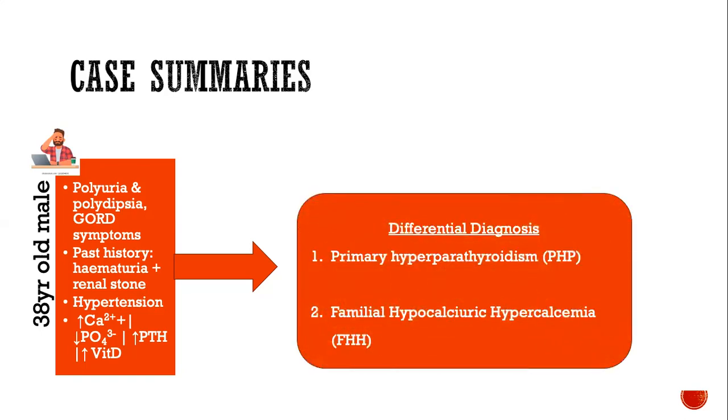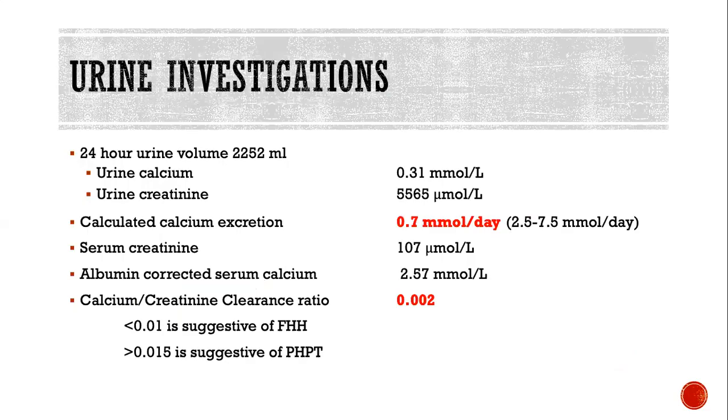So the differential diagnosis includes primary hyperparathyroidism and familial hypocalciuric hypercalcemia. So we did urine investigations. Calculated calcium excretion is 0.7 millimoles per day, which is very low.